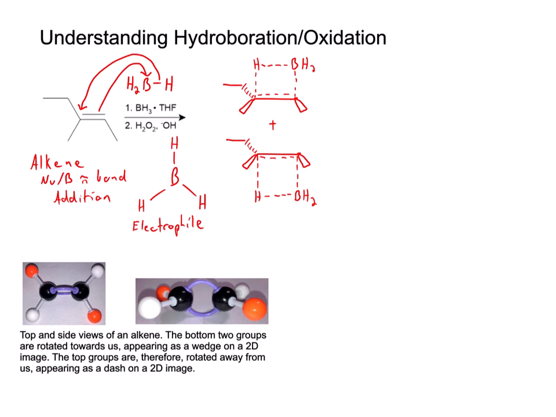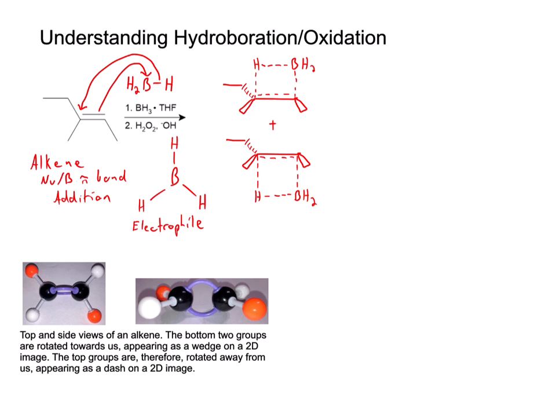On the bottom left, I have a top and a side view of the same alkene. The bottom 2 groups from the flat version shown on the left are going to be rotated so that they come towards us. So in a 2-dimensional or side view, they would be viewed as a wedge.